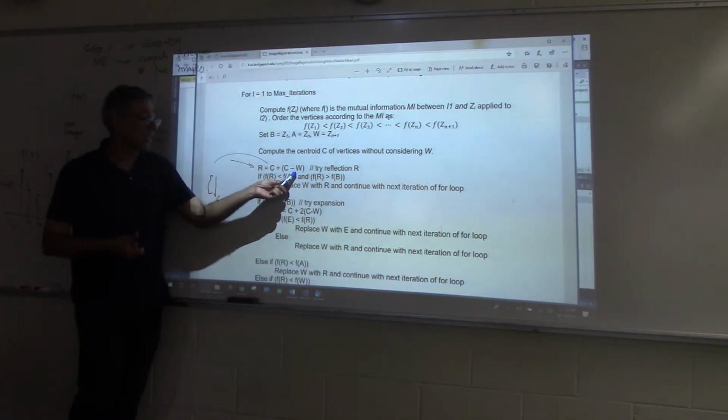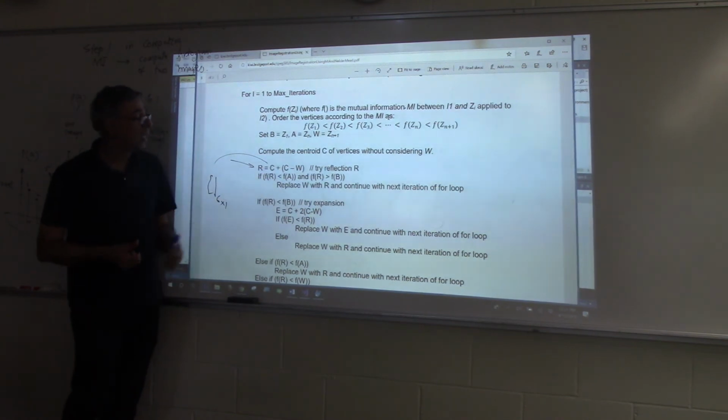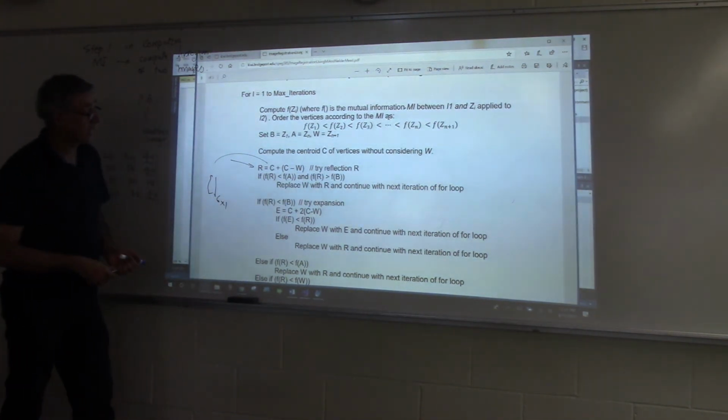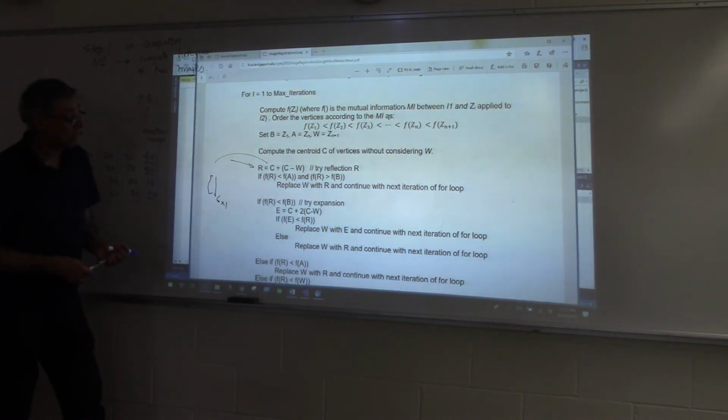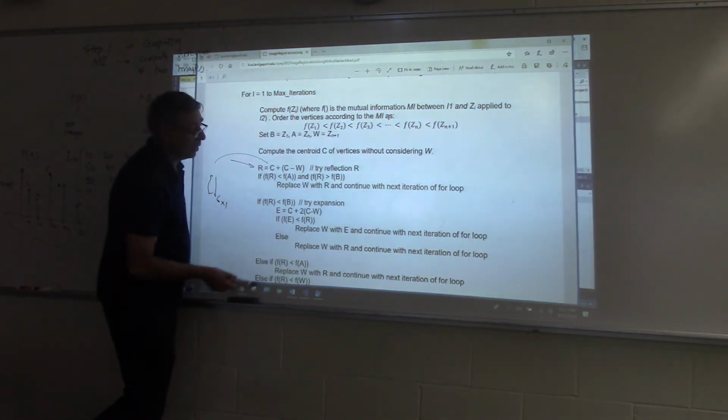Then the reflection formula is C plus C minus W, where W is the worst vector. And if the cost becomes lower, then we replace W with R.